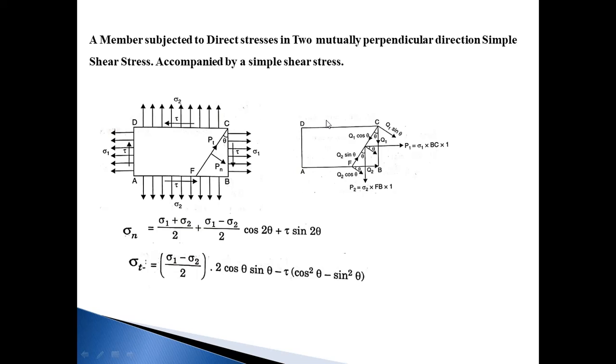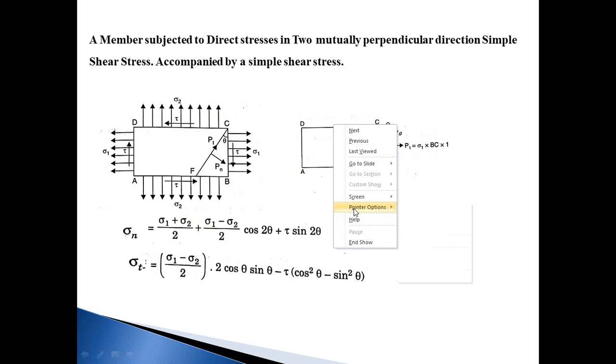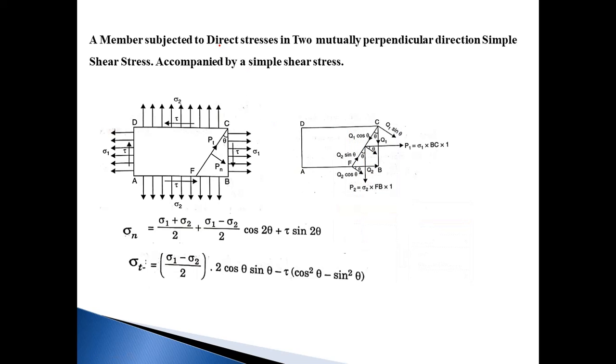The next case: a member subjected to two direct mutually perpendicular stresses along with simple shear. In the previous lecture we discussed only the two perpendicular components, sigma 1 and sigma 2.